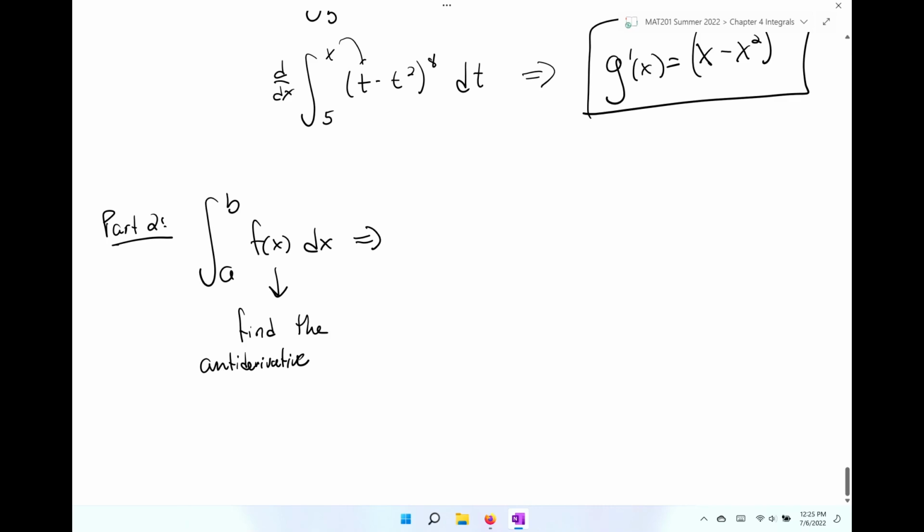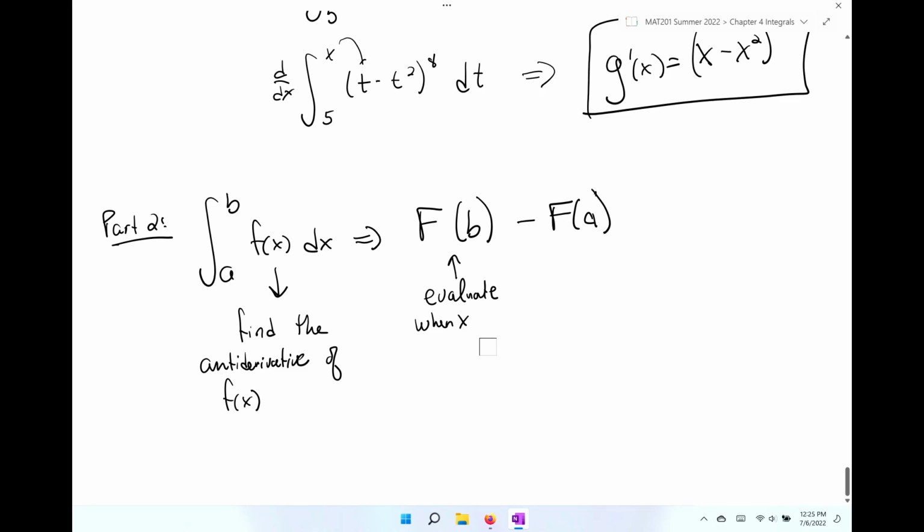You find the antiderivative of f(x), evaluate it when x equals b, and subtract away what you get when you evaluate it when x equals a.